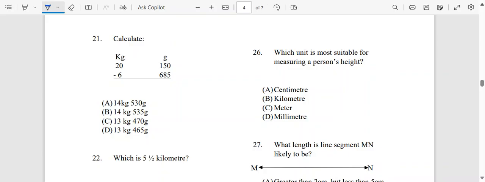So we have to take from here, and we're going to be left with 19. When we carry that one over, from kilograms to grams, it's 1,000, right? So it's actually 1,000 that you're adding there. So the total is 1,150, and we are now subtracting 685 from that 1,150.